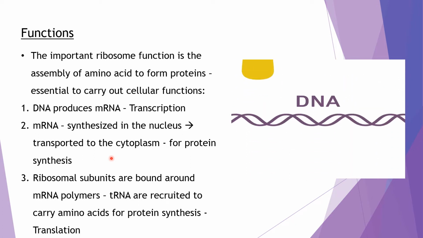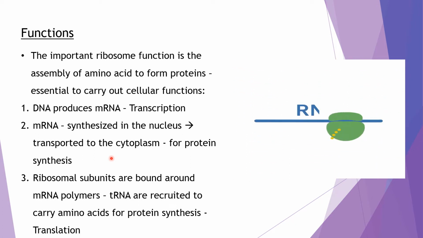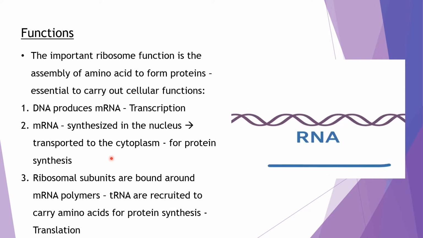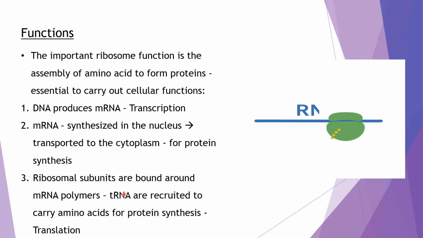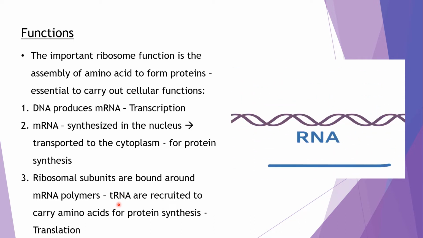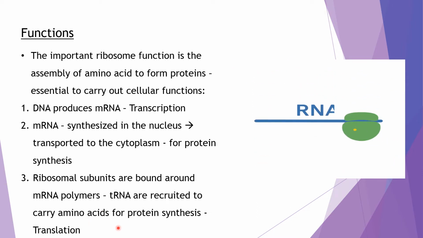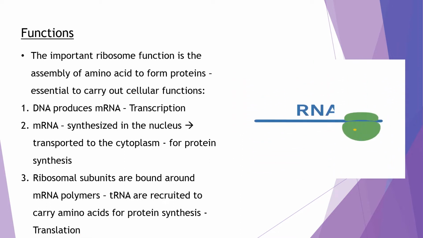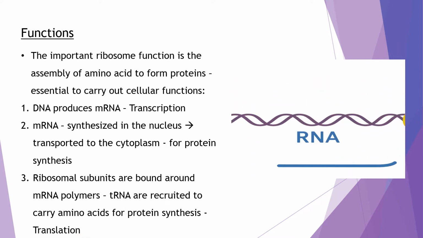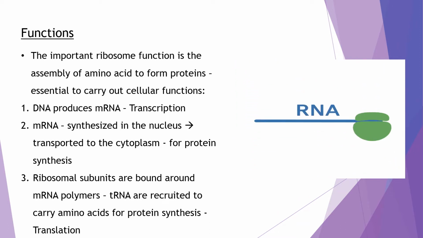So the mRNA is sent outside the nucleus for this purpose, and then the ribosomal subunits attach to the mRNA, and the tRNA is recruited to carry the amino acids required for the protein synthesis. And this process is what we call translation. So this is how a ribosome works within a cell.